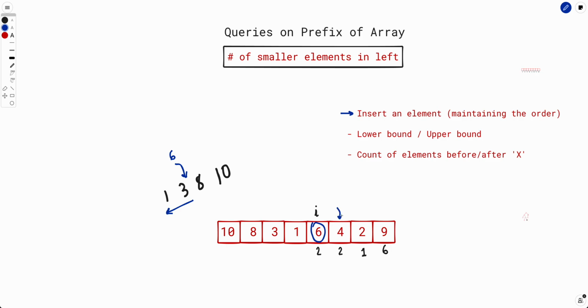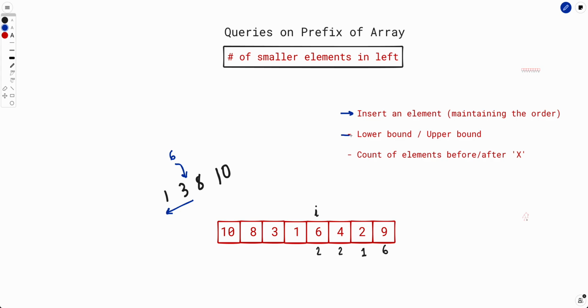So for this particular index, you have to consider the ith index as well, right? Because this I index comes before this index, right? So you will be inserting 6 in your data structure, right? So that's the first operation that your data structure should be able to do.